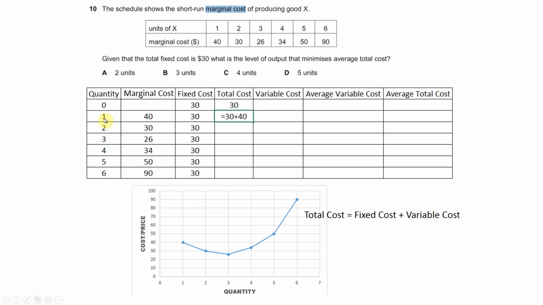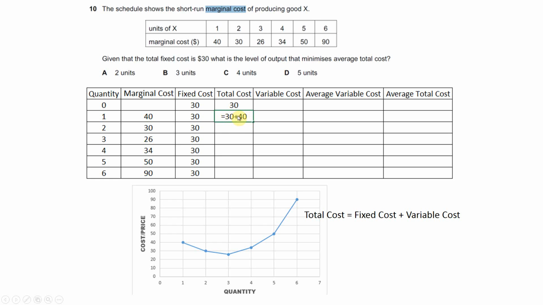Now, as we know, the marginal cost is, as we increase by 1 unit, how much did total cost increase? So here we could say the original total cost was 30 at the quantity of 0, but we increased the quantity by 1, and marginal cost means the cost increased by 40. So we take the original 30 at 0, quantity increased by 1, the cost increased by 40. So 30 plus 40 equals 70.